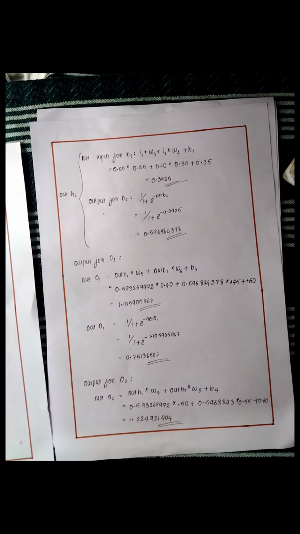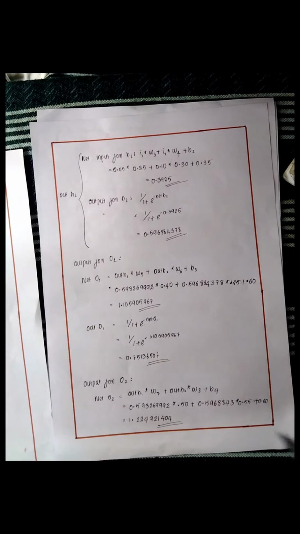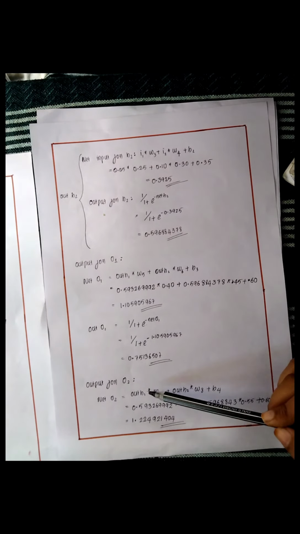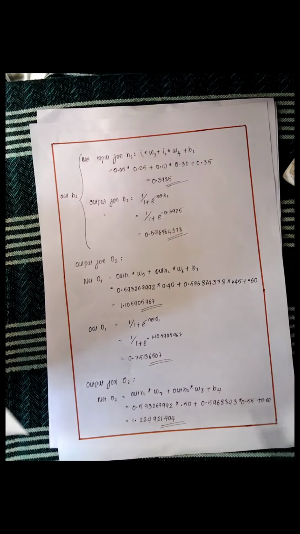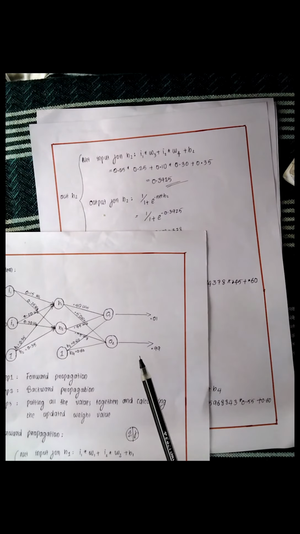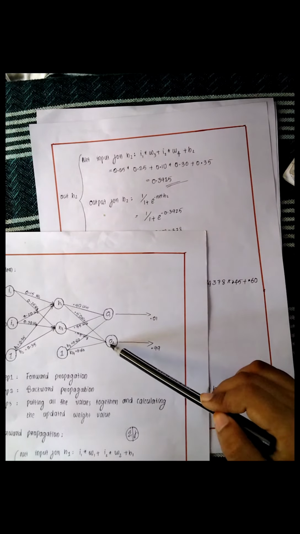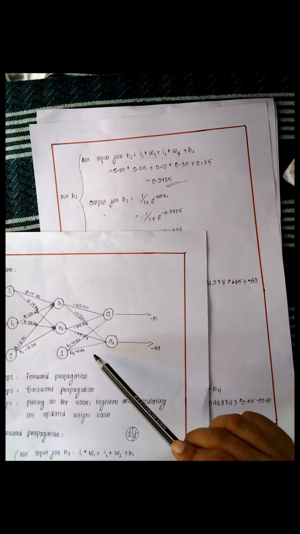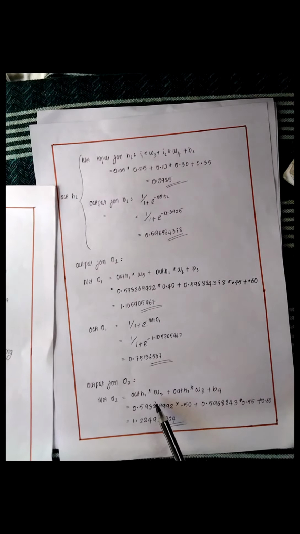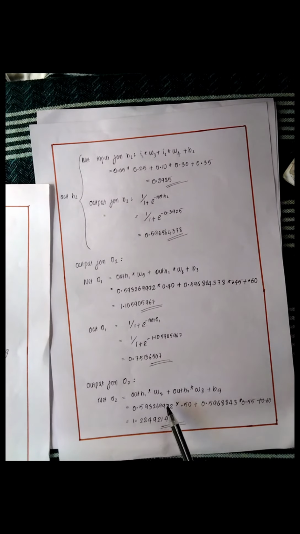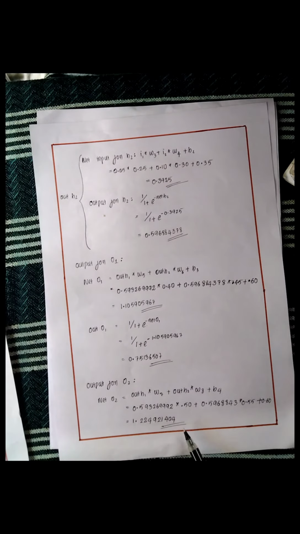Likewise, we have to find the output for O2. O2 is getting input from H1, H2 and the bias. That is output H1 into corresponding weight W7 plus output H2 into corresponding weight W8 plus B4, which is equal to 1.224921404.